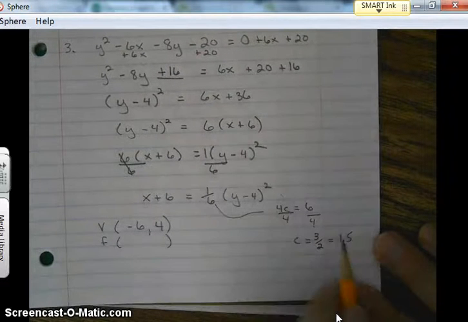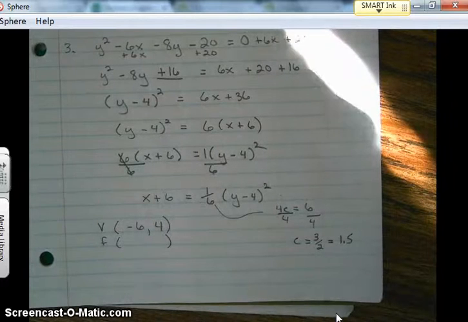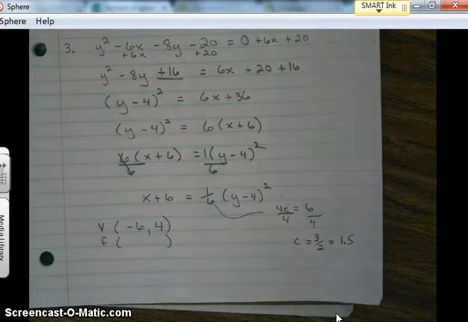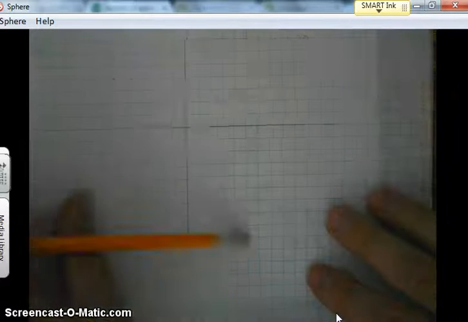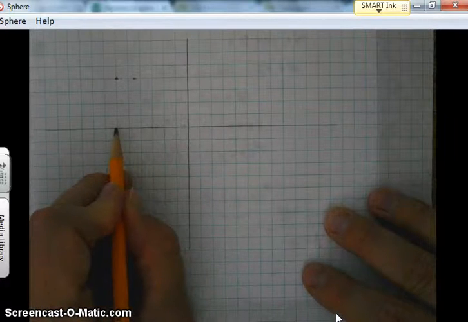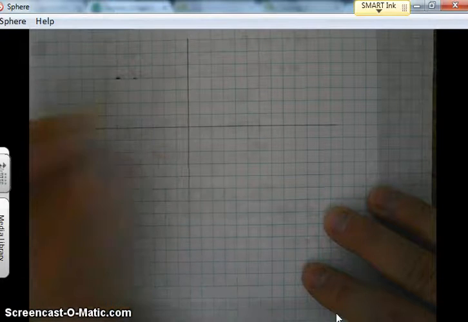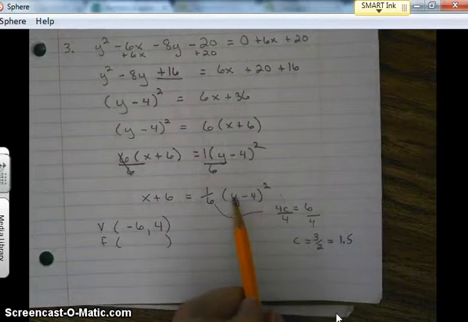Now, it's going to be really helpful if we graph this. So we are going to graph this real quick here. So -6, 4 is our vertex. And we know that this is a parabola that's opening horizontally.